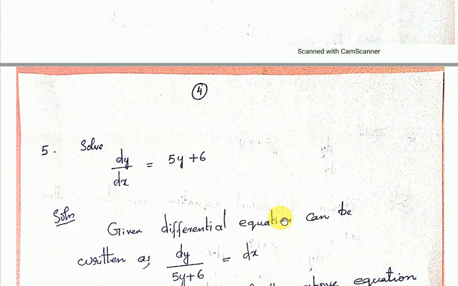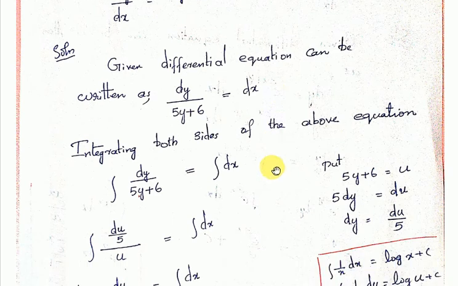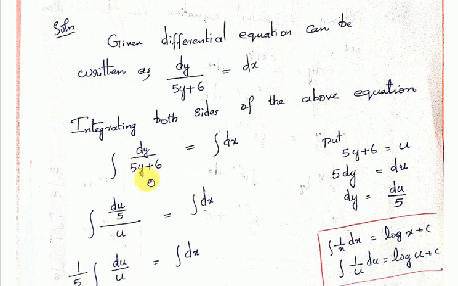Then next question, solve dy by dx equal 5y plus 6. The given differential equation can be written as dy divided by 5y plus 6 equal dx, taking the y variable to one side. Integrating on both sides, integral dy by 5y plus 6 equal integral dx.